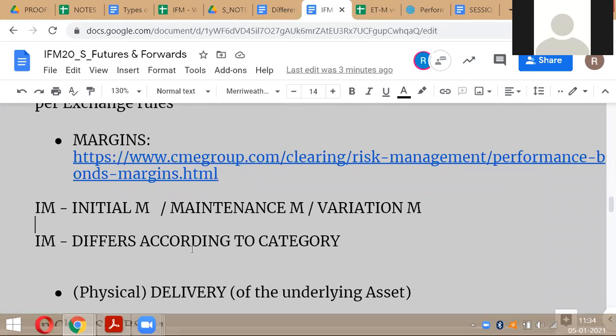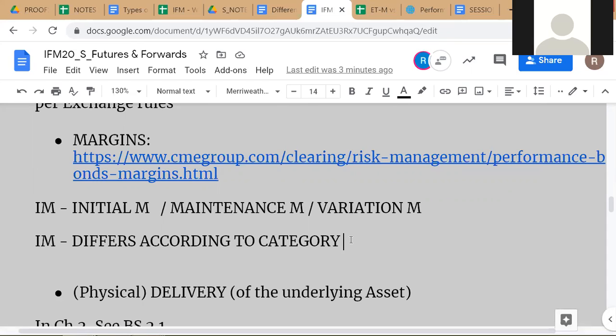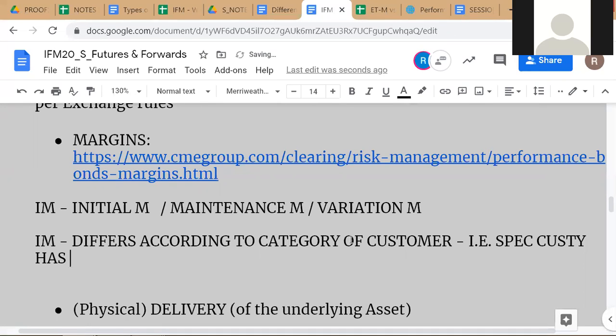That initial margin differs according to category of customer. So we can write this as spec customer. Okay, so this is what we use for market jargon for customer. Spec customer has to put up more IM than hedger and clearing.